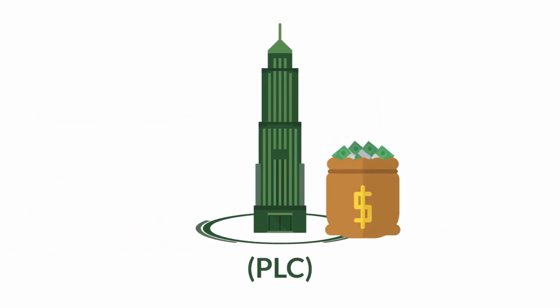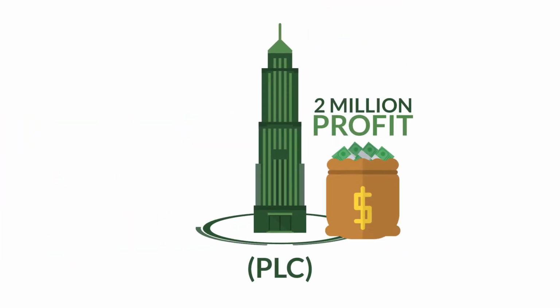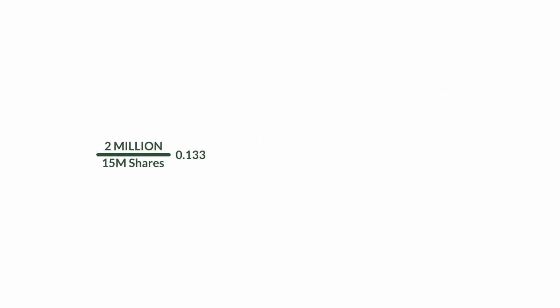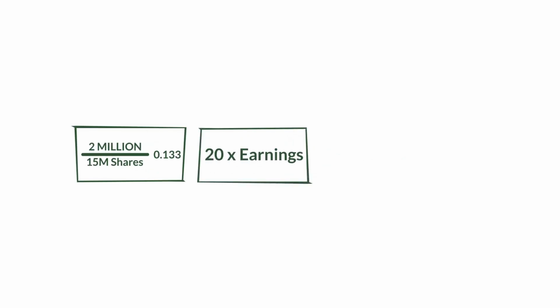Our PLC now has 2 million of profit: its original 1 million profit and the additional 1 million from the small business. That 2 million divided by the 15 million shares shows a higher earning per share of 0.133. The valuation is still 20 times earnings, meaning the total value of the PLC is now 40 million.